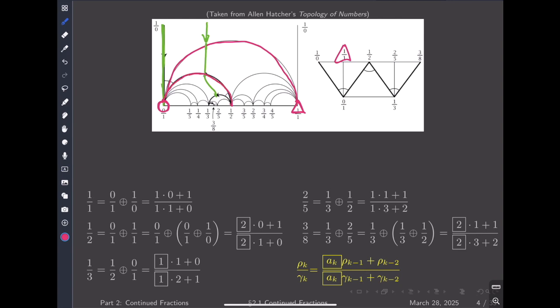Then the next crossing happens at a Farey edge where one of the vertices was already considered, and the other one is completely new.